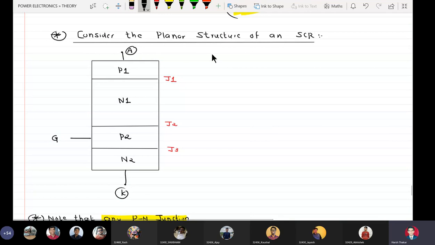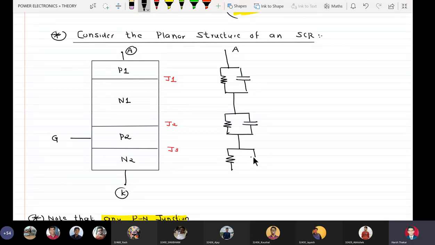So we have anode and junction J1 replaced by RJ1 parallel CJ1, J2 replaced by RJ2 parallel CJ2 and junction J3 replaced by RJ3 parallel CJ3.